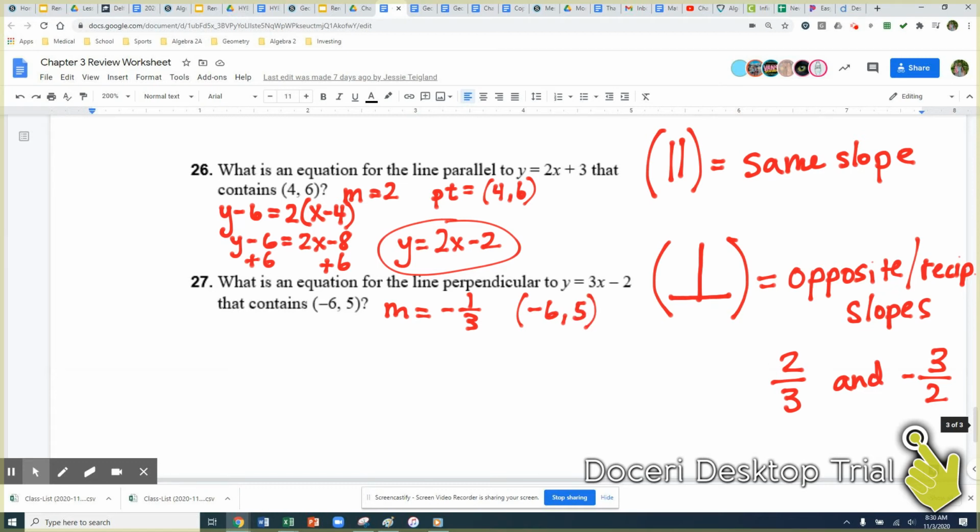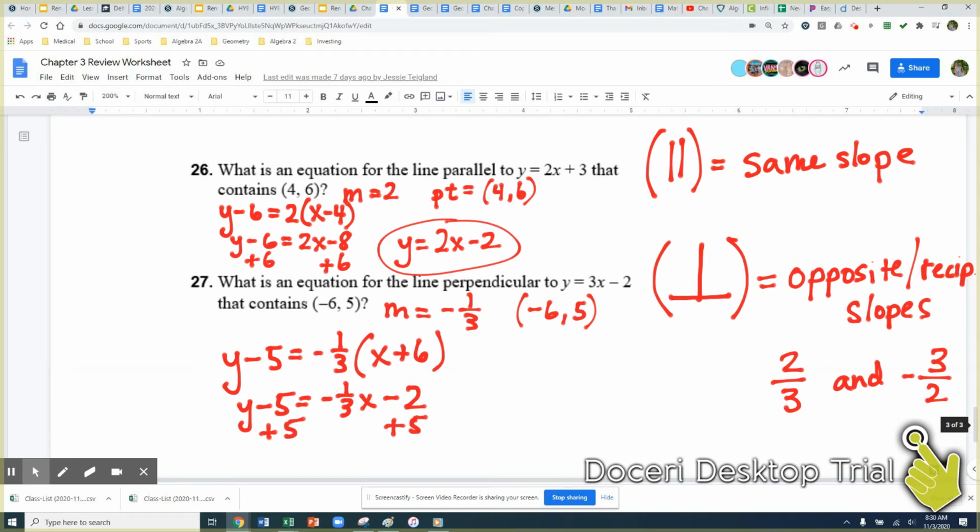Just like before, we'll put this into point slope form. So we'll go y minus 5 equals negative 1/3 times (x plus 6). Then we'll distribute: negative 1/3 times x, and negative 1/3 times 6. 1/3 of 6 is 2, and a negative times a positive is negative.